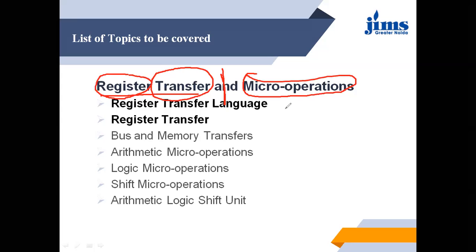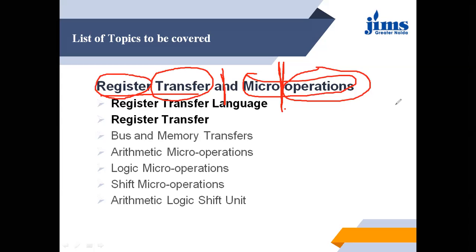When we divide micro operation into two parts, first one is micro and second one is operation. We know what operations are: operations are a plan of actions that we have to perform to complete some work, as we perform in our daily life.